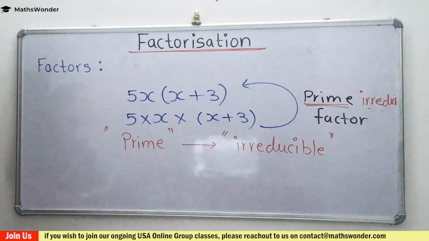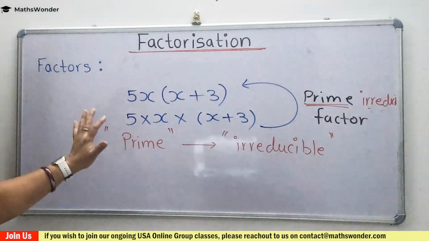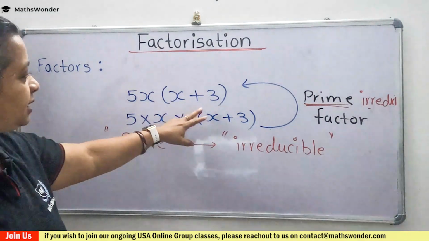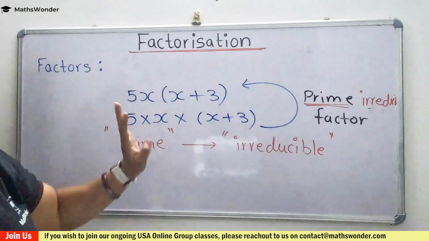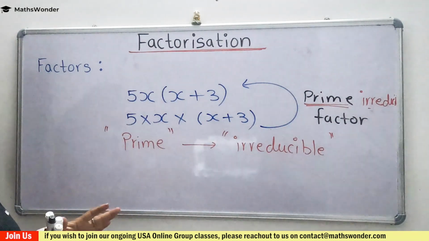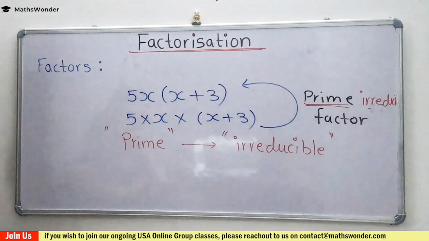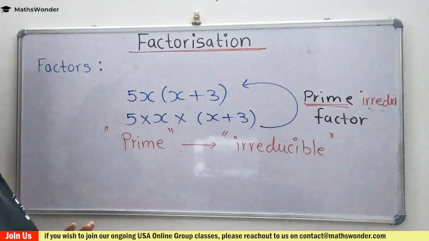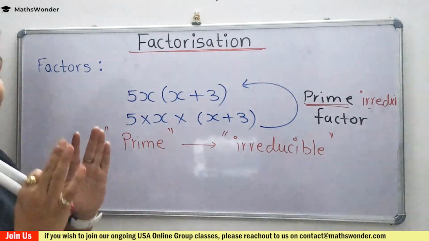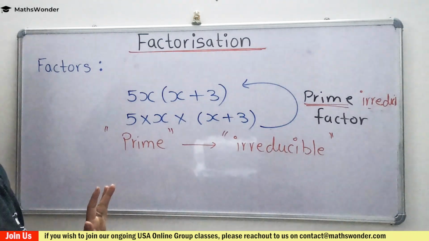Now we can say that in the algebraic expression, 5x and x + 3 are irreducible factors of this 5x(x + 3), right? Understood? Now try to understand the concept. Don't write anything. I will give you time for writing. This is a very important part of factorization. Once you understand the concept, then you can do anything in factorization, okay?